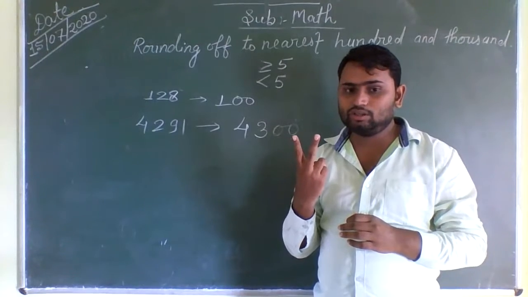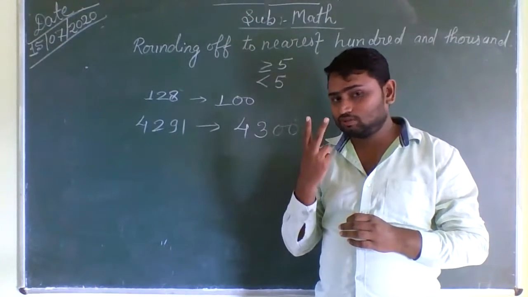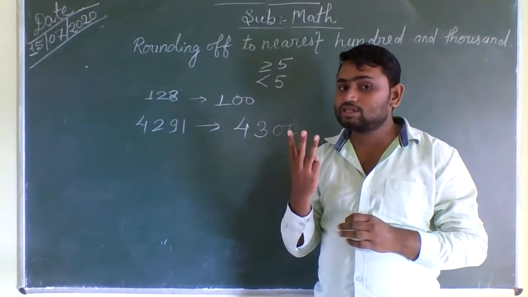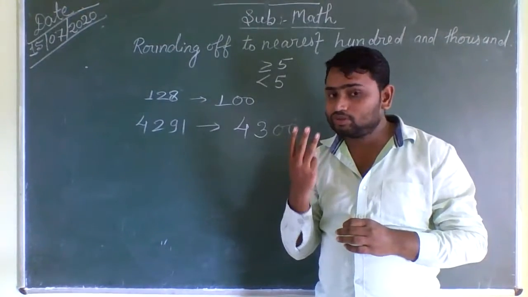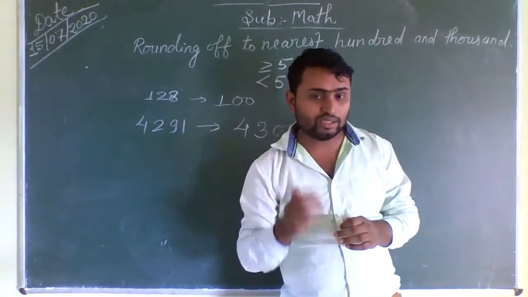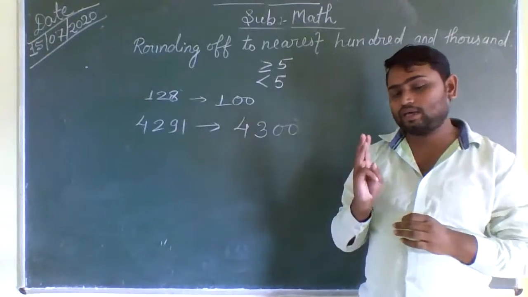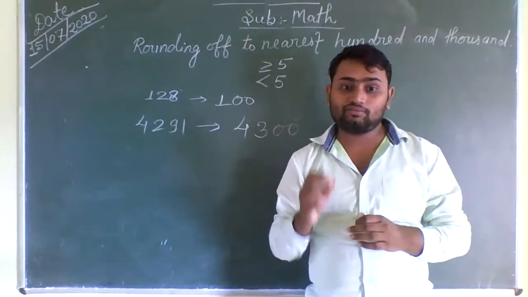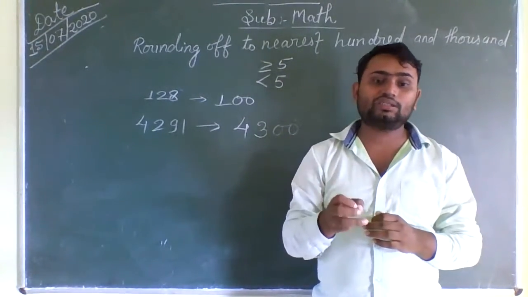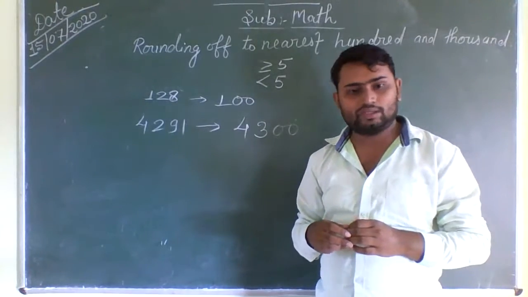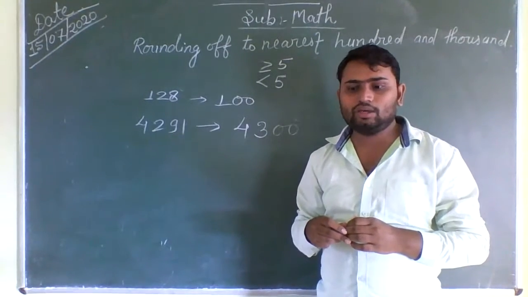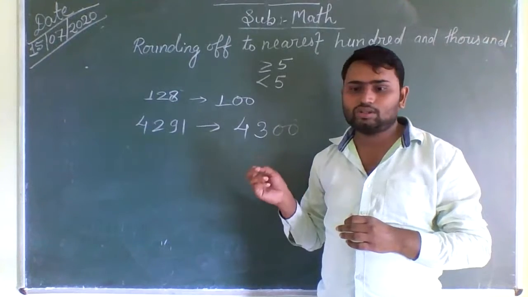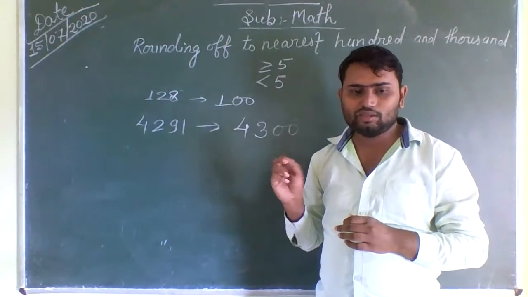In nearest 10, we put 1 zero. To find the nearest 100, we put 2 zeros, and to find the nearest 1000, we will put 3 zeros after writing the digit at the thousands place. This is the way we can find the nearest thousand of any given number.